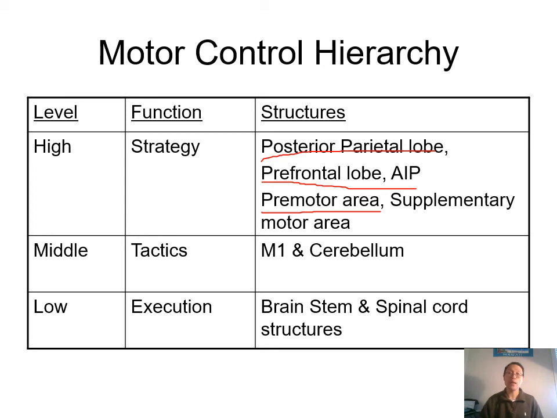Now in the middle level, you have the functions that are involved with tactics. These are the areas more involved with M1 and also the cerebellum. And then the next level is the lowest level, dealing only with the execution aspect. These are places such as the brainstem and the spinal cord structures. These areas have no involvement with the planning.